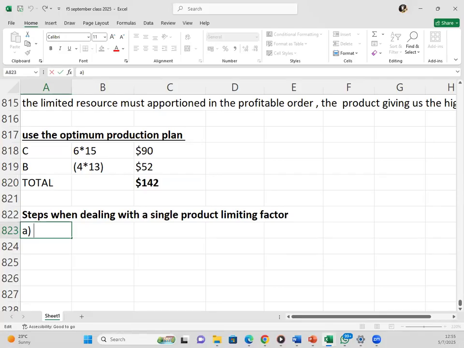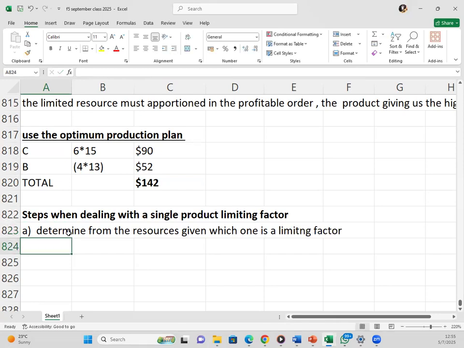So you can say the first step is determine from the resources given which one is a limiting factor.